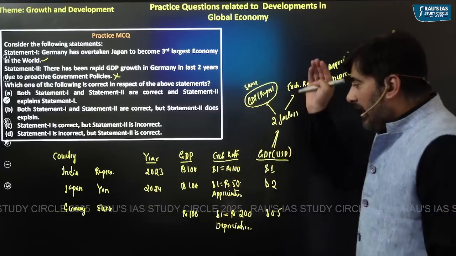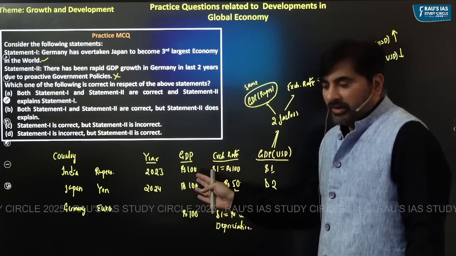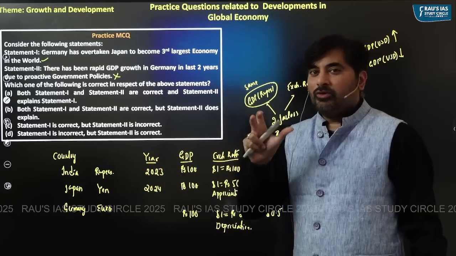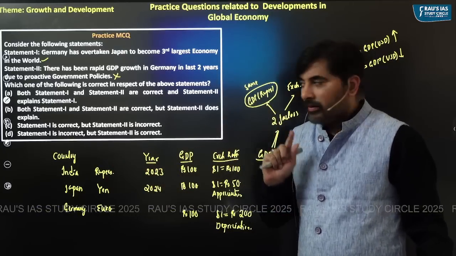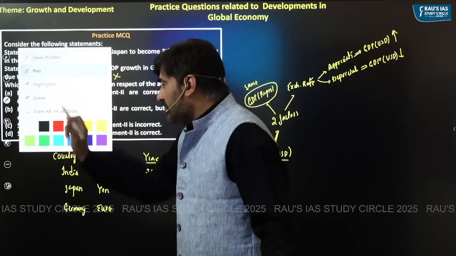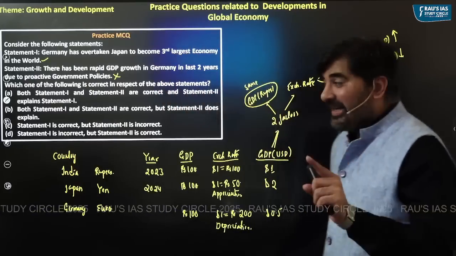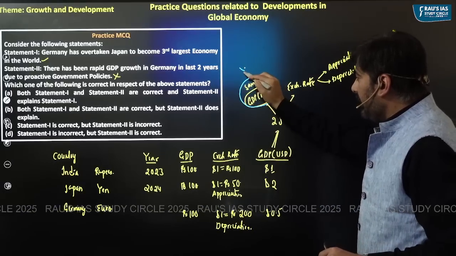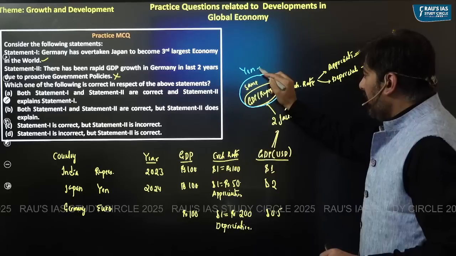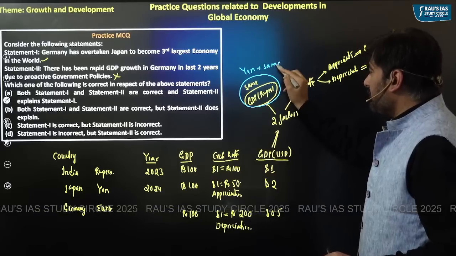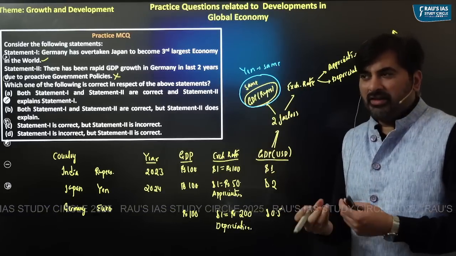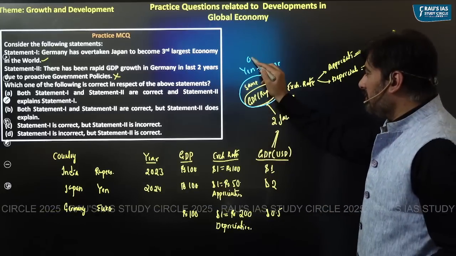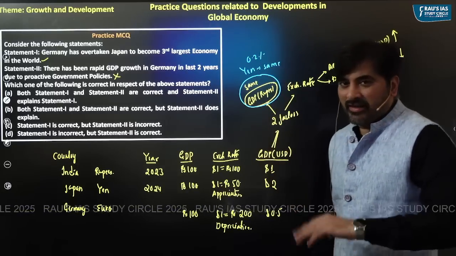I can extend the same logic to Japan as well. What has happened to Japan's economy? Japan's economy, as you know, has remained stagnant. In a way, broadly, the GDP of Japan in terms of yen has mostly remained the same. When I say mostly remained the same, it means there is a small increase in GDP, let's say 0.2%, which is quite insignificant.